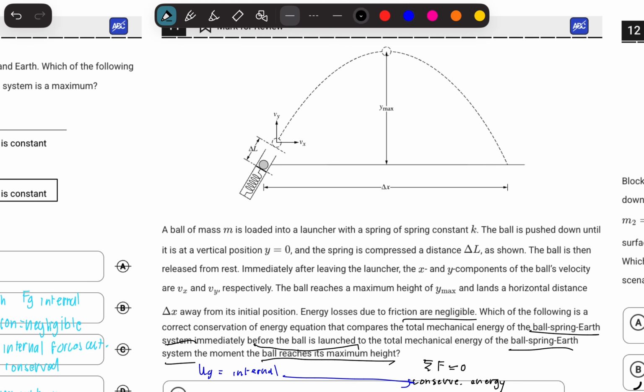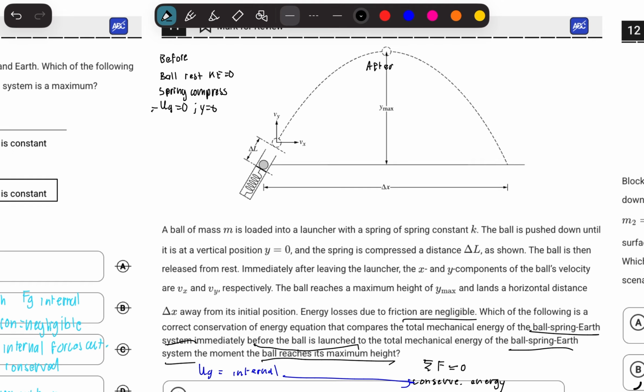Let's talk about before versus after, when you're at its peak. Before, your ball is at rest. Kinetic energy is equal to 0. The spring is compressed. And UG is equal to 0 because y is equal to 0. It has no height.